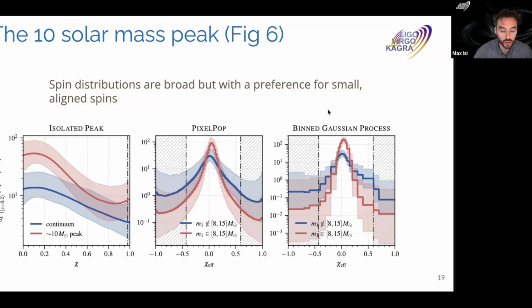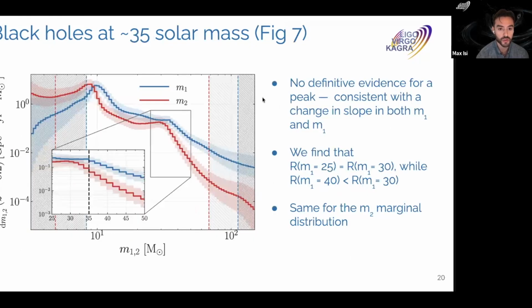You can see that these red curves peak slightly away from 0, and they are more tightly constrained than the blue ones. So nothing super different from the broad population, except since these systems are more abundant, we can constrain these spins quite well. Okay, we can move on to the next slide, which also moves us up in the mass spectrum.